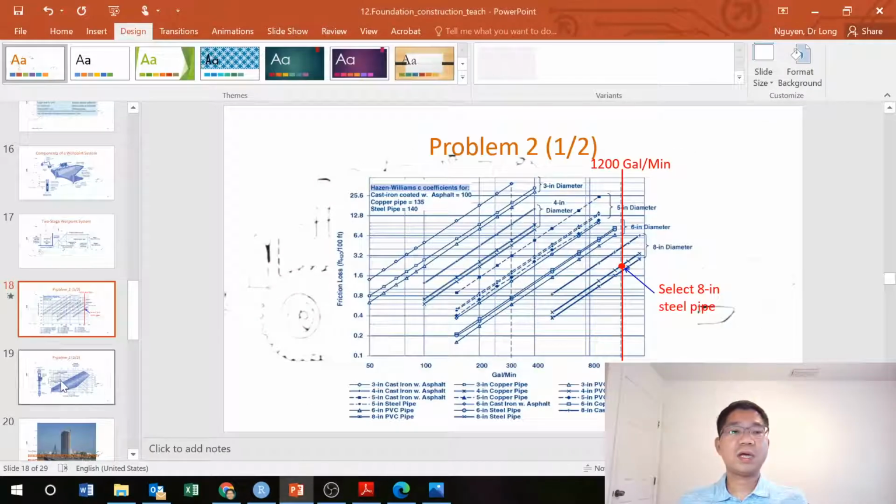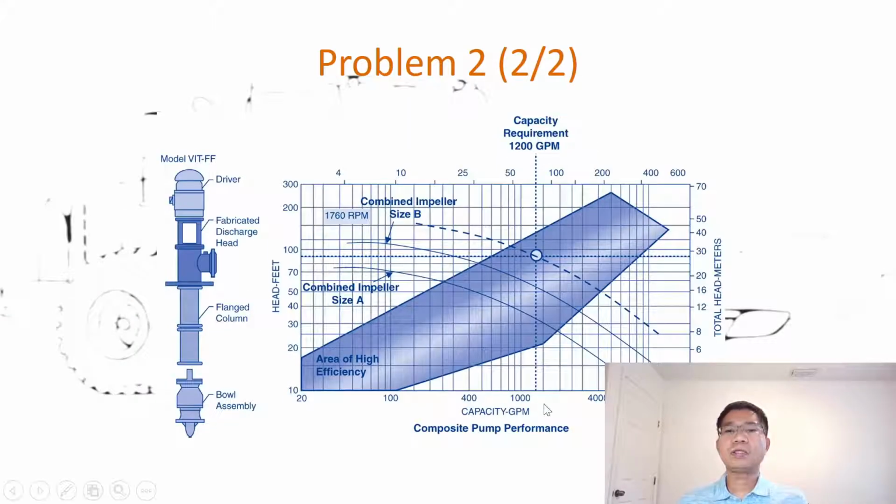If you go to the figure here, the vertical line is the 1200 gallons per minute capacity requirement, and with the 1760 RPM curve, it intersects at this point, and the head is about the one we want, at least 88.6 feet of total head, and that is in the area of high efficiency of the pump. So that's why it's good to have.